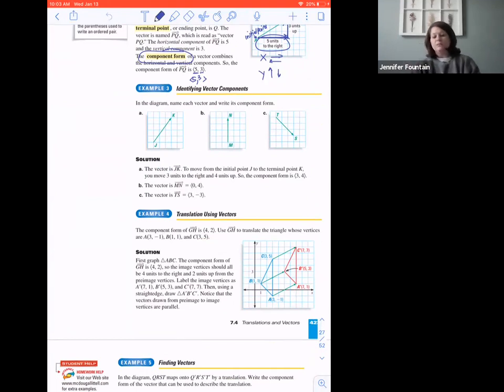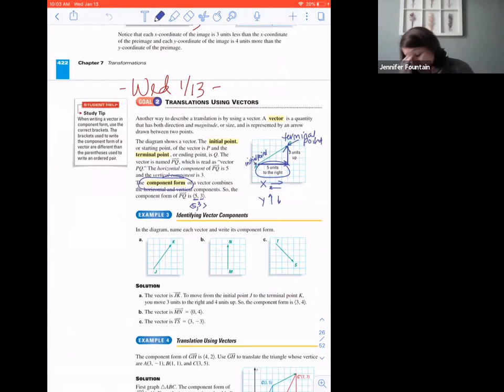Let's look at 423. So we just talked about our vectors, and we talked about how with our vectors, our units to the right and our units up, our units to the left. Good. Not my day, guys.